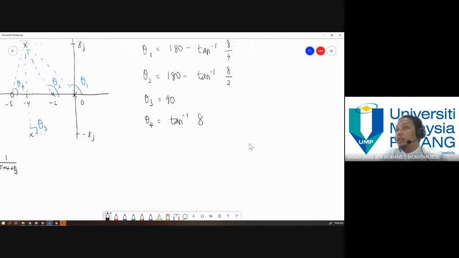And then to get the angle of departure, it is 180 minus theta 1 plus theta 2 plus theta 3 minus theta 4, okay? Summation of theta of poles minus summation of theta of zeros. Okay, so let's calculate.